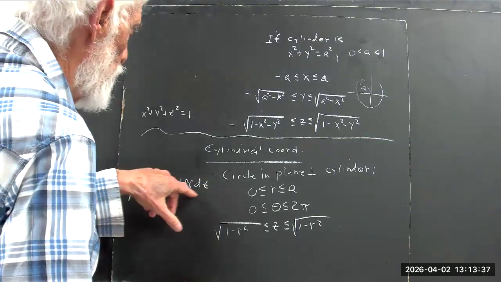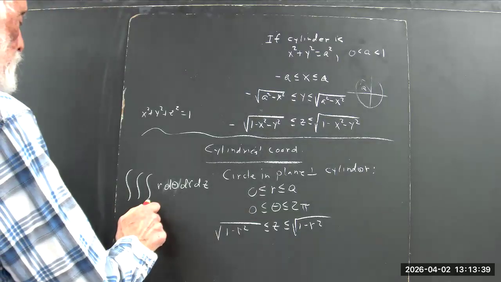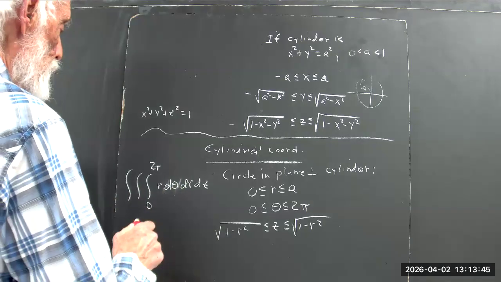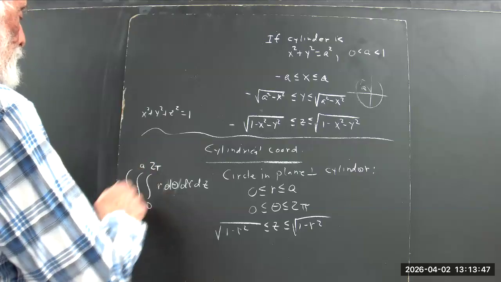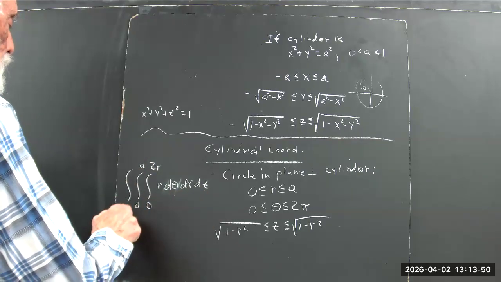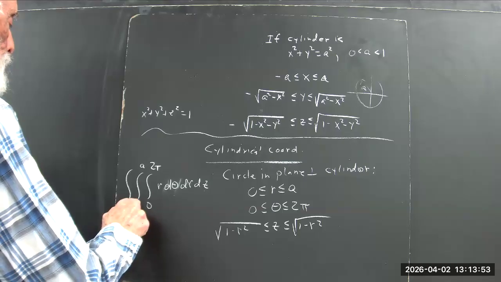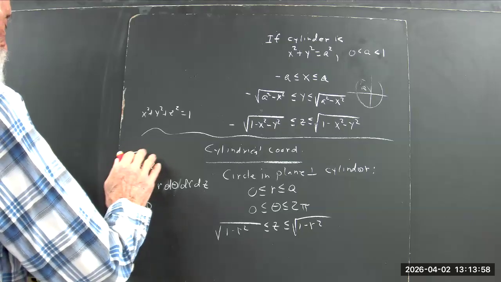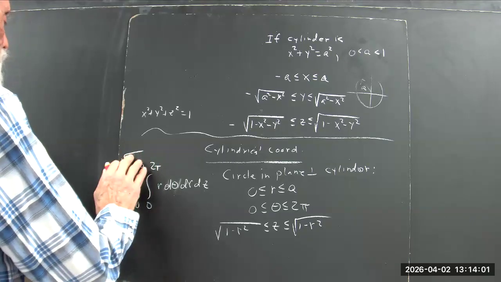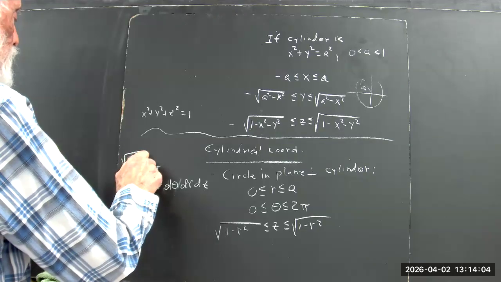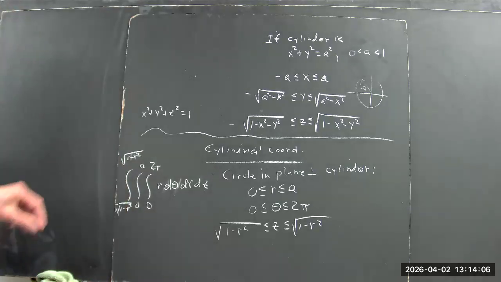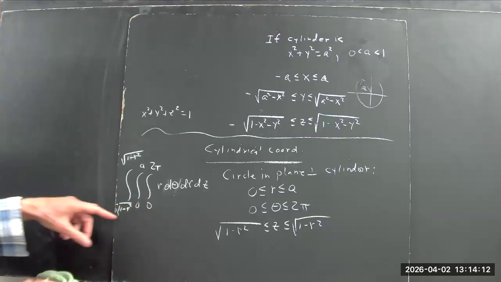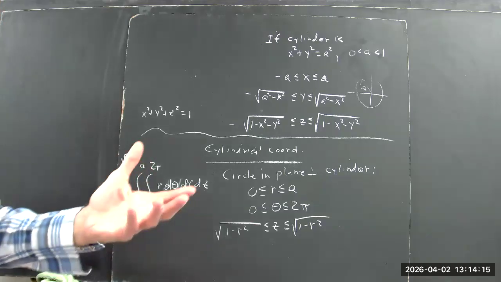We'll do r dtheta dr dz, theta from 0 to 2 pi, because that's the first thing we're integrating with respect to. r from 0 to a, and z from negative the square root of 1 minus r squared to the square root of 1 minus r squared. I'm saying the plus because somebody had pluses on these r's, otherwise had the right interval.